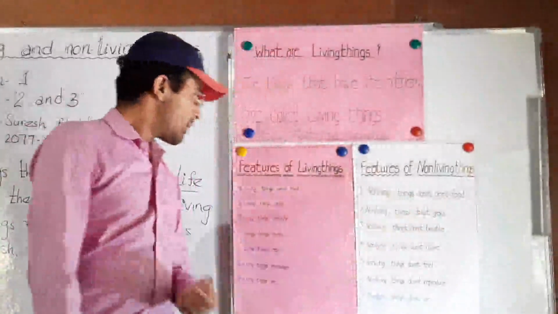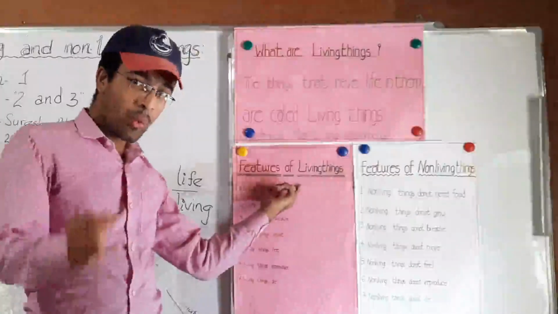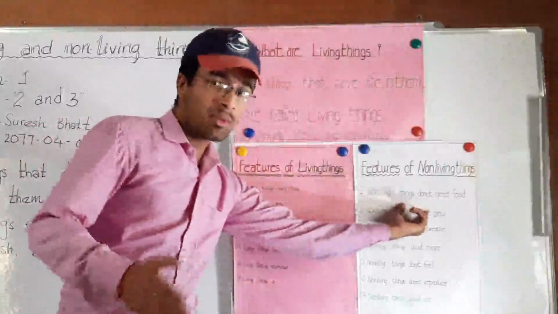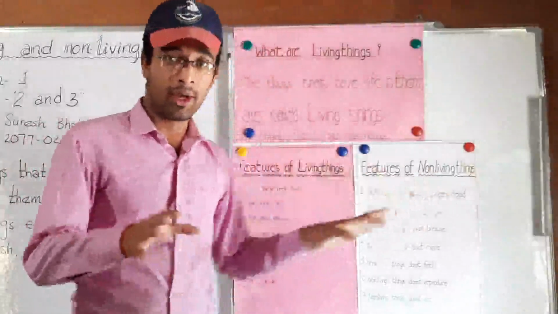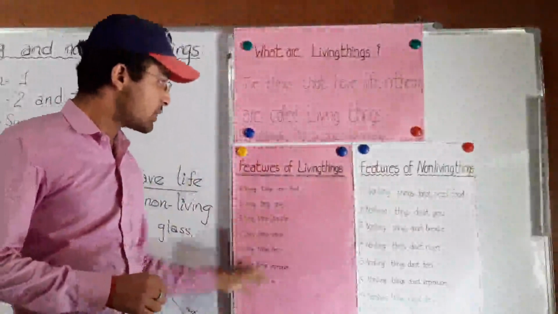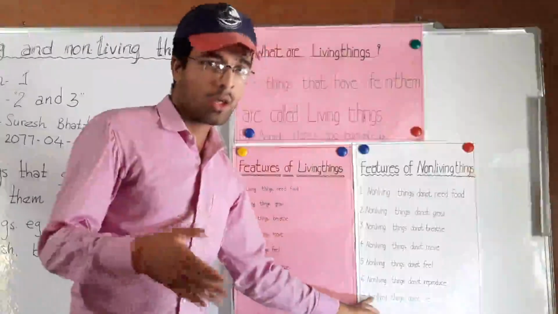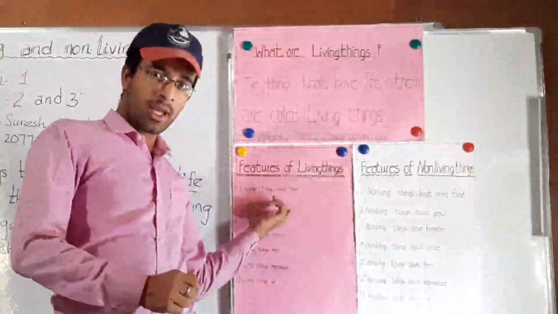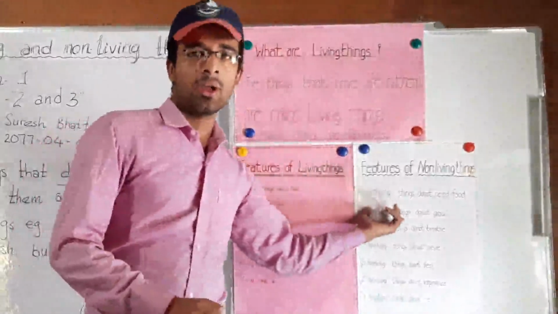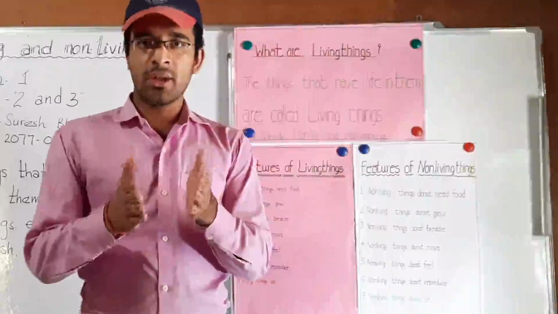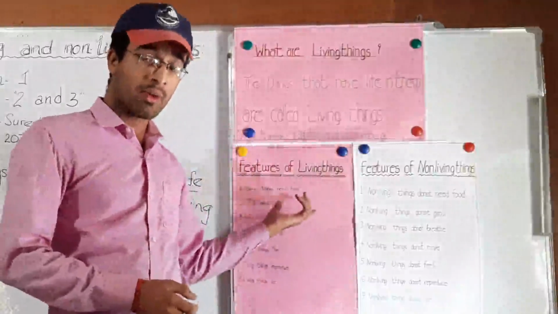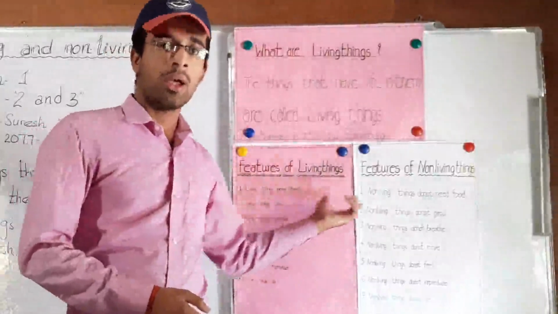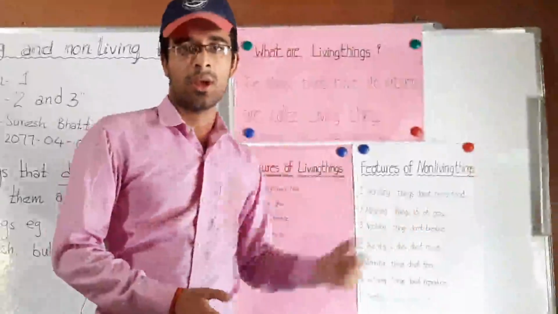If we add "do not" to the features of living things, it becomes a feature of non-living things. Then you can write the difference between the features of living and non-living things. I hope you understand the characteristics of living things and non-living things. Okay.